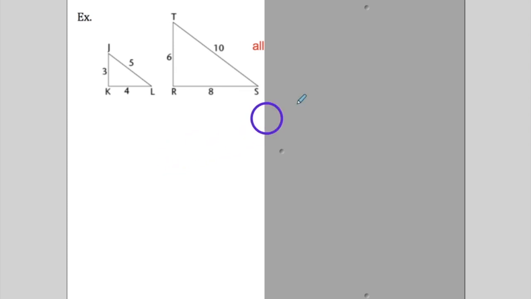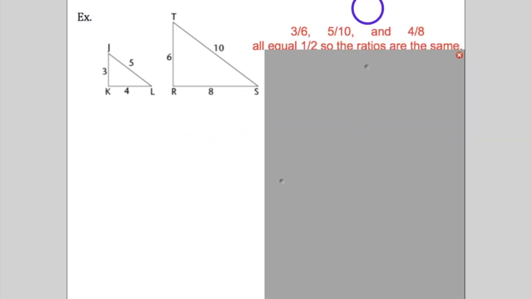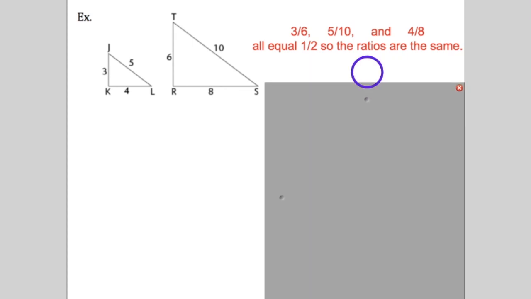So first of all, we would need to know if all of the ratios are the same. So we have 3/6, 5/10, and 4/8. All of those would reduce to 1/2, so the ratios are the same.